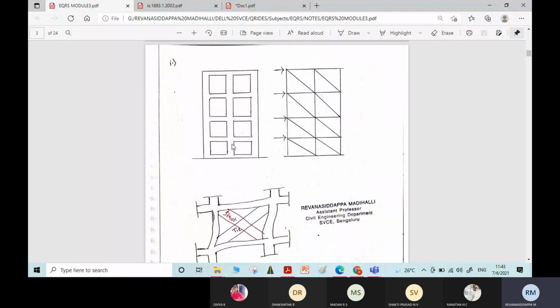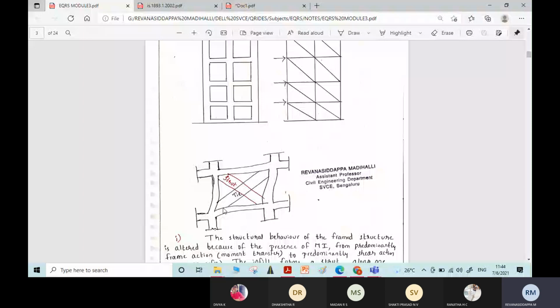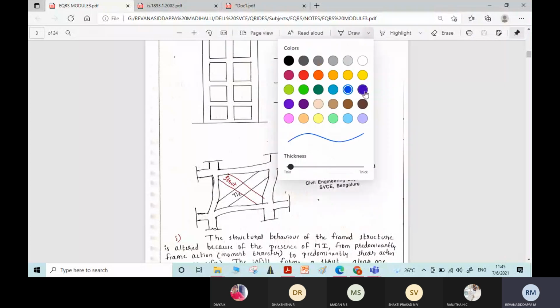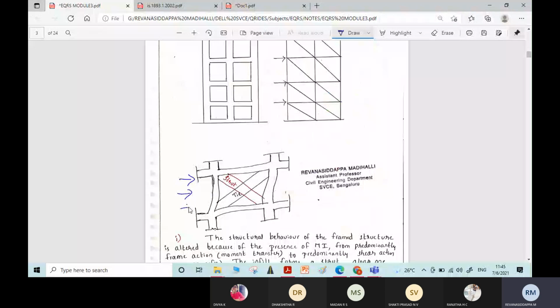If the frame is provided with infill walls, you can see a single frame, a single storey, a single room, which is provided with infill walls on all the sides, and there is a lateral force acting onto it.